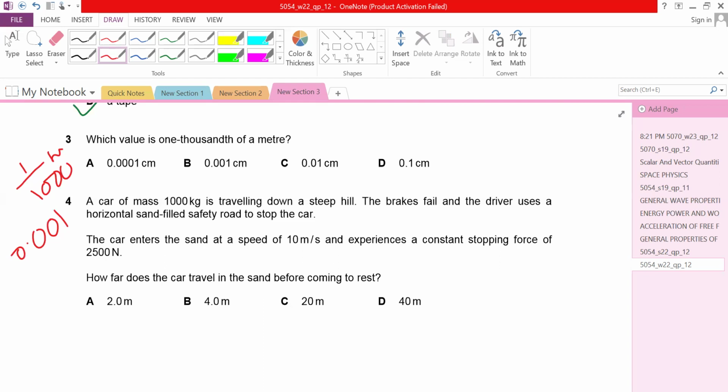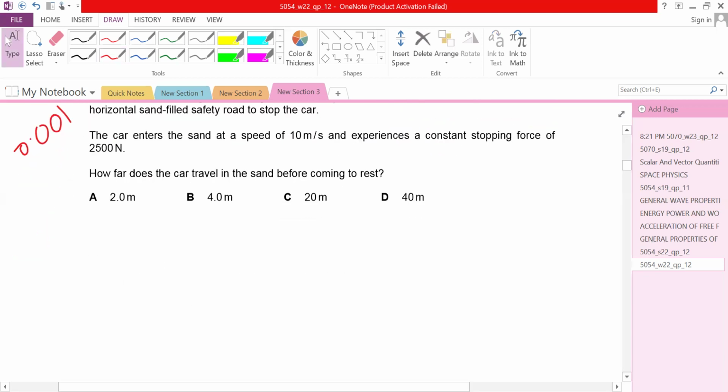So if we convert 0.1 centimeter into meter, the decimal will go 1, 2 places forward, and the answer would be 0.001 meter. So 1/1,000 of a meter, the correct option for this is 0.1 centimeter, which is option D.